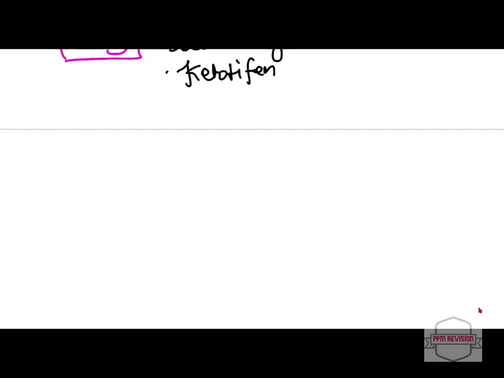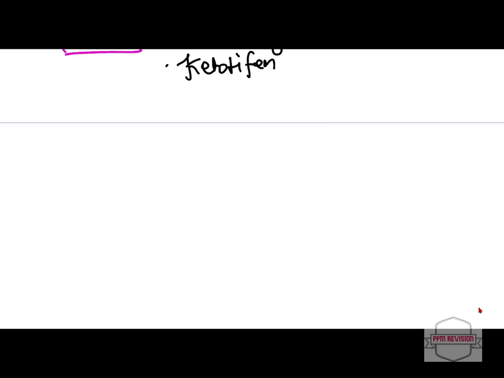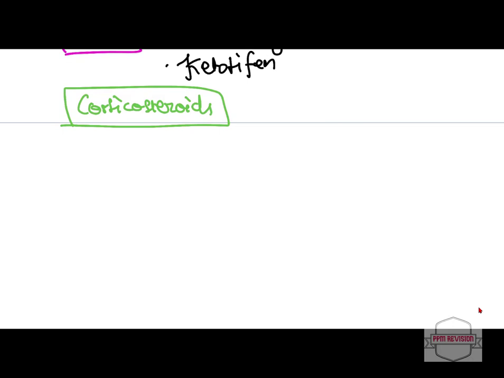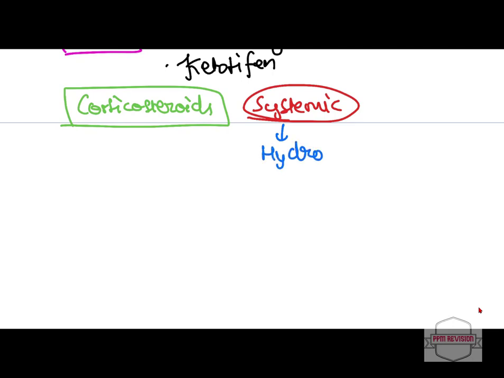Okay, now moving ahead, the other class is corticosteroids. Corticosteroids, there is systemic, and under systemic there is hydrocortisone, prednisolone, and other glucocorticoids.